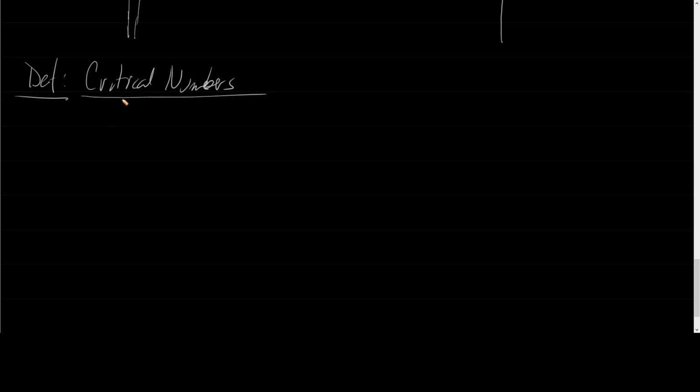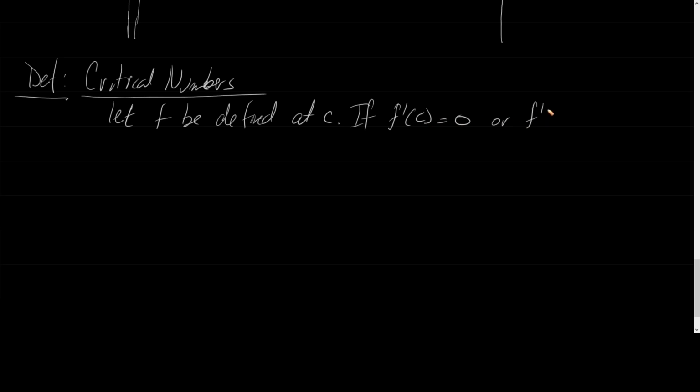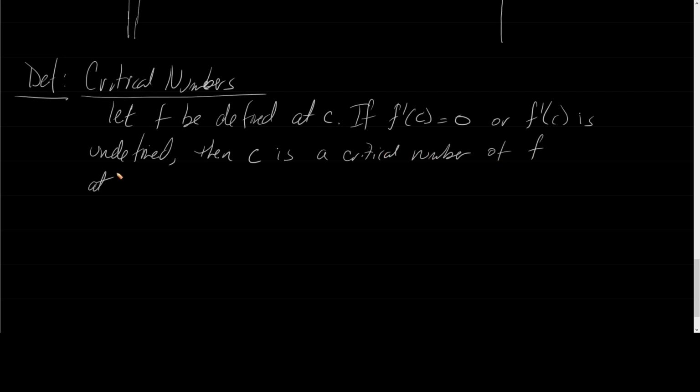Let f be defined at C. If f prime of C is equal to 0, or f prime of C is undefined, then C is a critical number or value of f, and the point C comma f of C is a critical point.